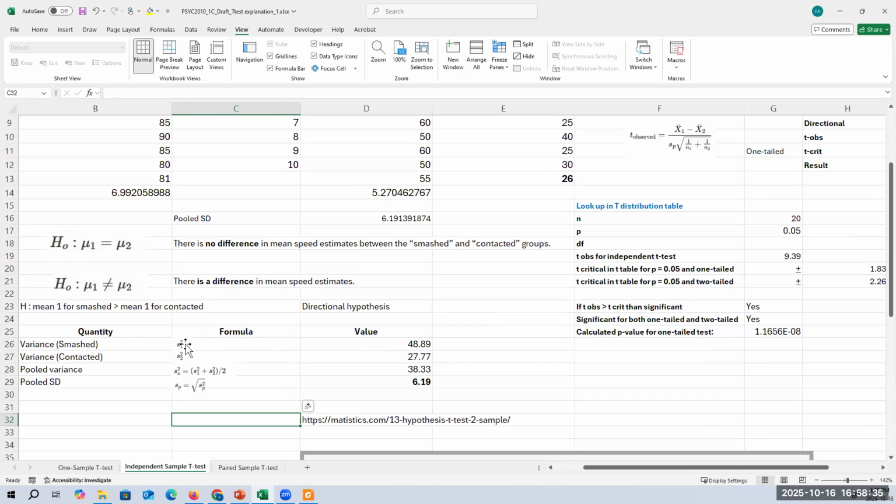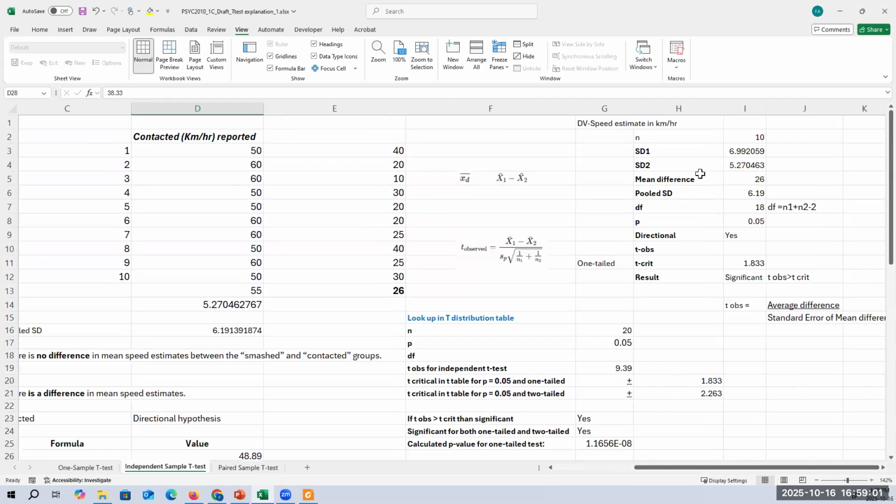You square the standard deviation for smashed, and square the standard deviation for contacted to get the variances, and then you add the two variances together and divide by 2 to get the pooled variance. So we get 38.33. And then the pooled standard deviation is just the square root of the pooled variance.